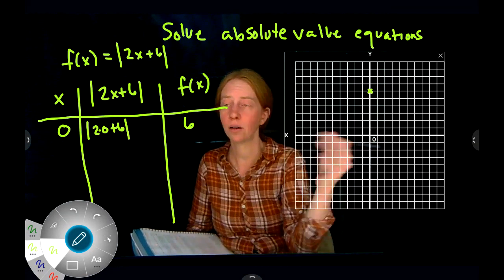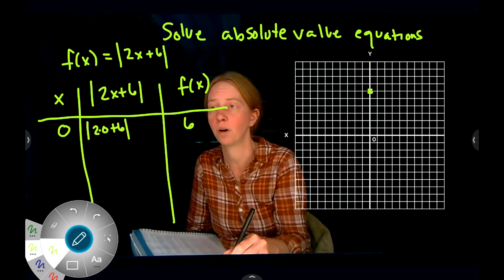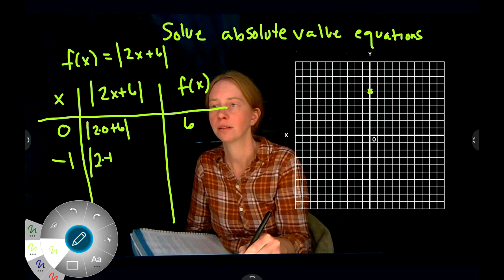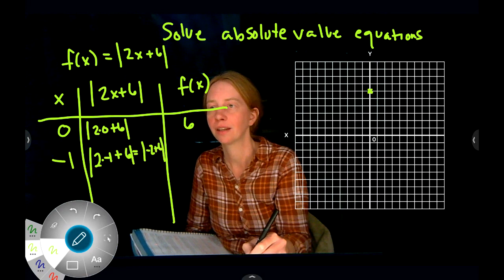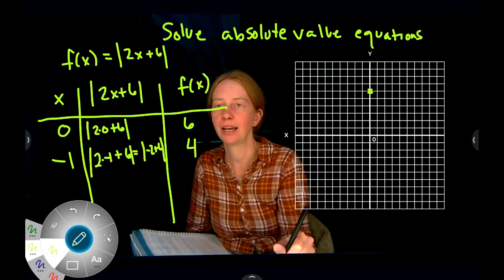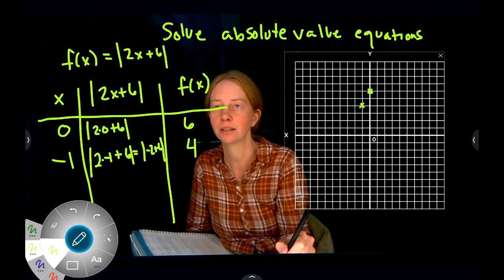I don't care which way you go, just pick a way. I'm going to go with -1. 2 times -1 plus 6 is -2 plus 6, that is 4. So we found another point, -1, comma 4. That's a point right there.